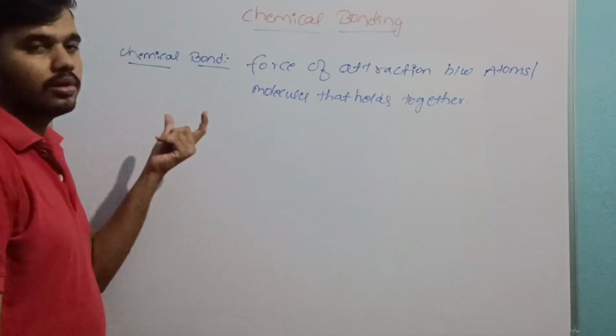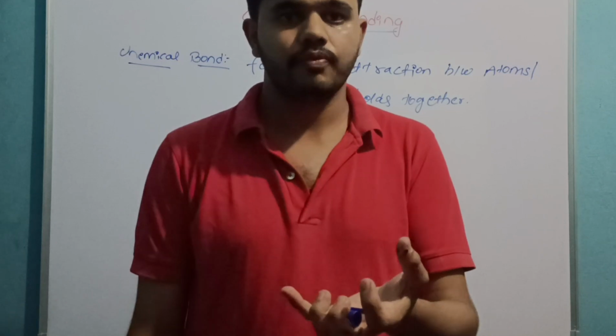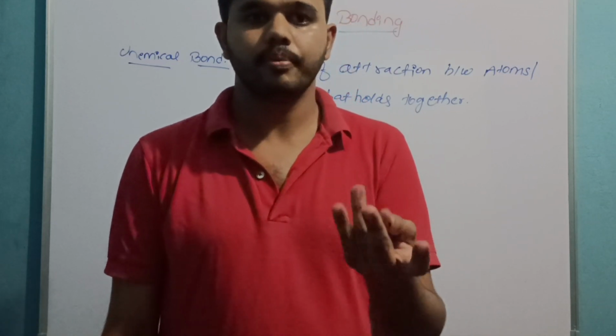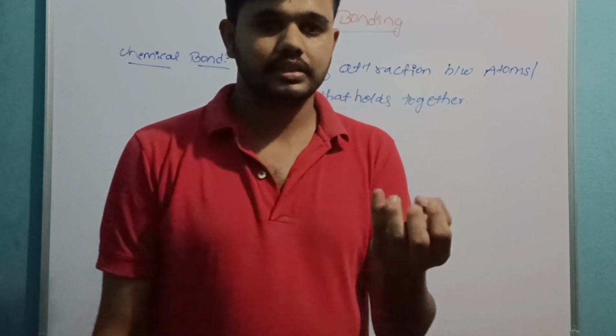Here in chemical bond there are different types of bond. For example, ionic bond, covalent bond, metallic bond, coordinate bond. Let's learn one by one.